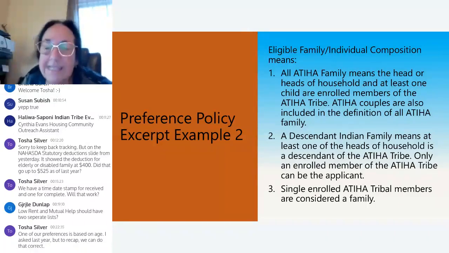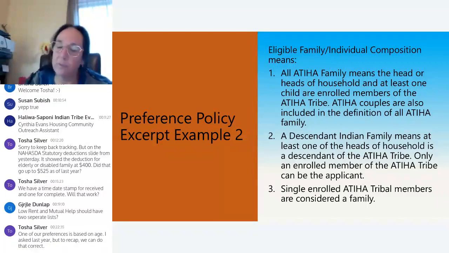Single enrolled ATIHA tribal members are considered a family. So that goes back to the definition of family. And under NAHASDA, it's pretty much anybody. I remember the first time I read it. This is anybody, because a single person can be a family under NAHASDA.